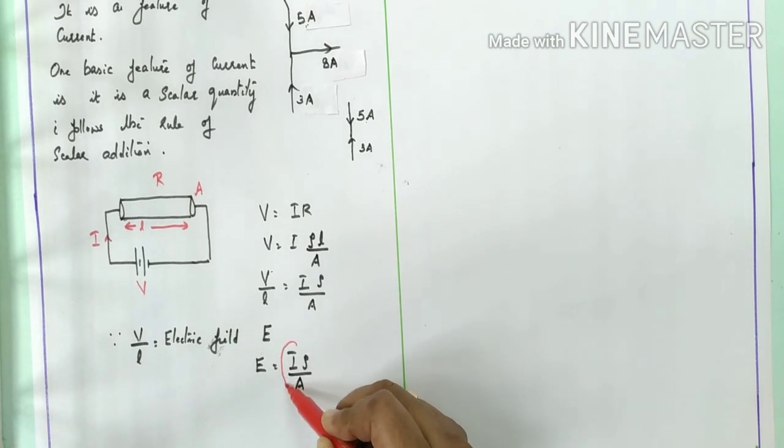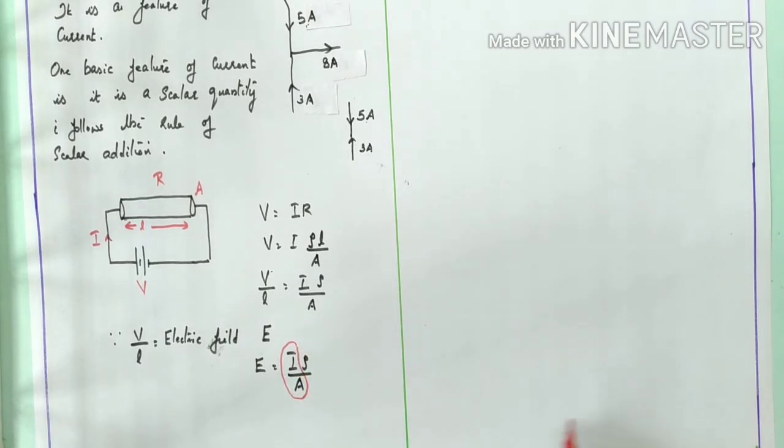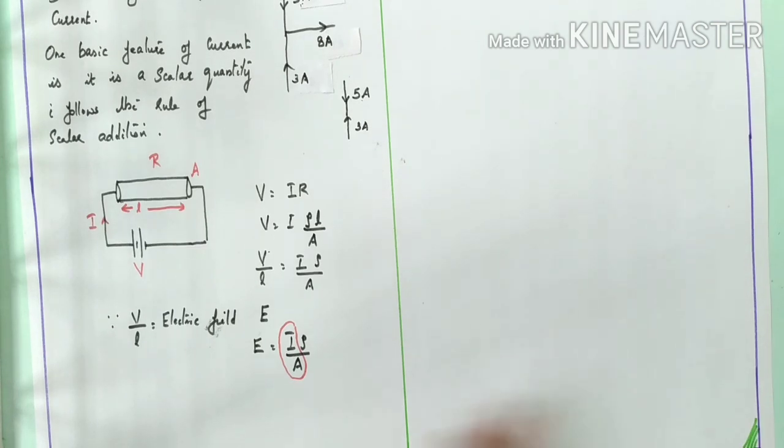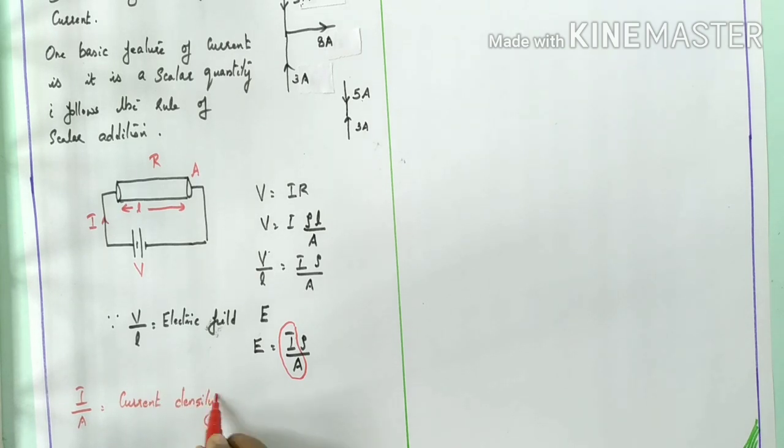This current divided by area of cross section, I by A, is called current density. Current flowing per unit area, I by A, is called current density.